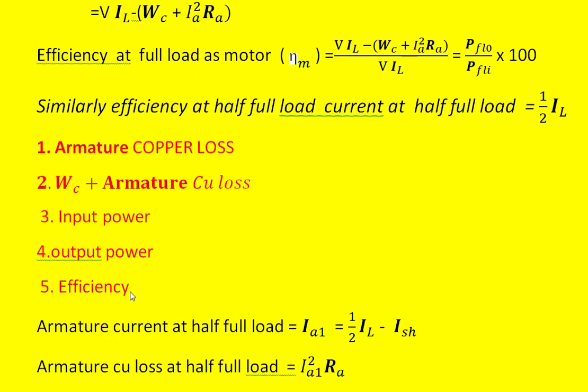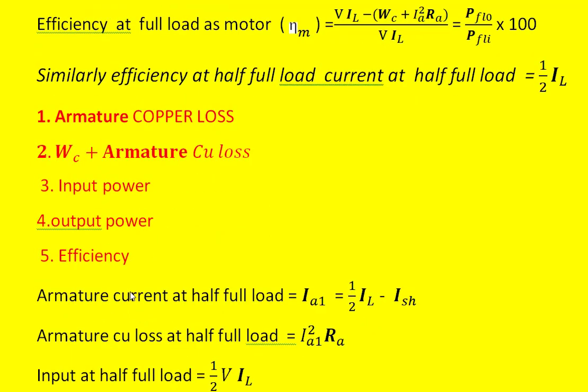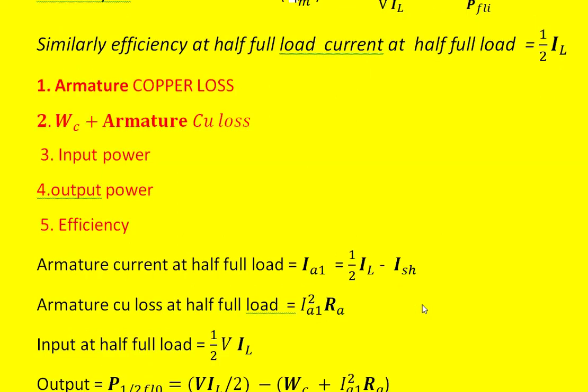Here the half load armature current we represent as IA1, and we know the input current under half load conditions is half into IL, and the field current is ISH. So we get the armature current at half full load.